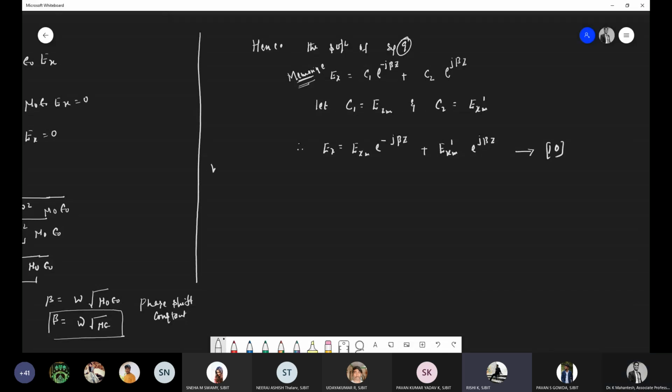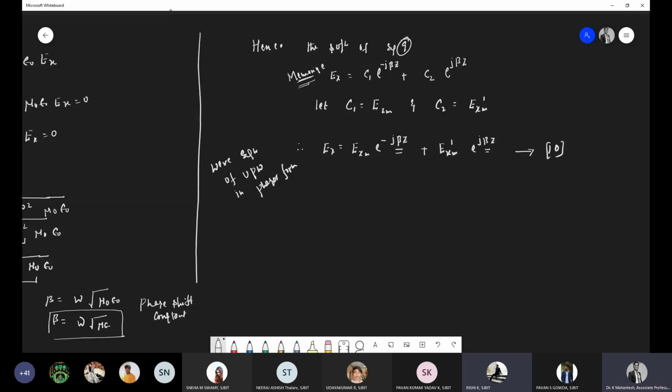This is the wave equation, a very important question: wave equation for uniform plane waves in phasor form, where beta is a phase constant.